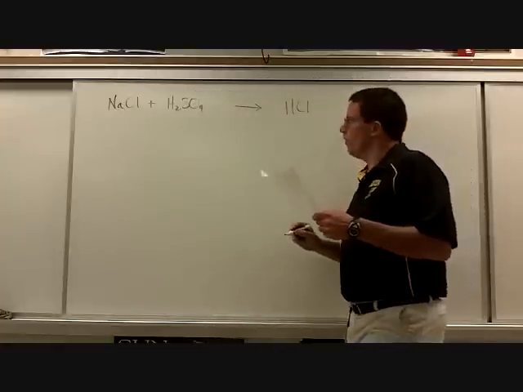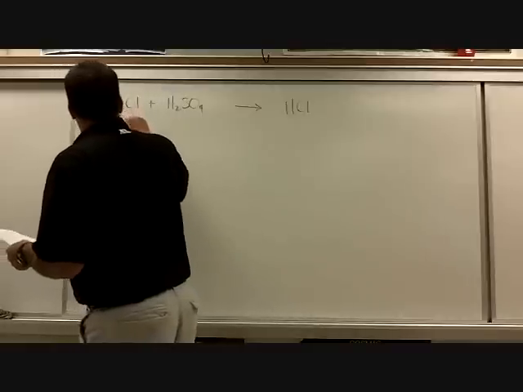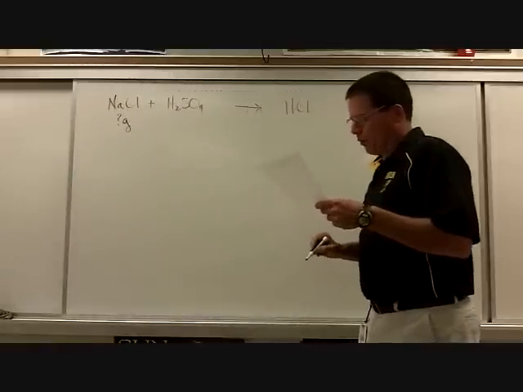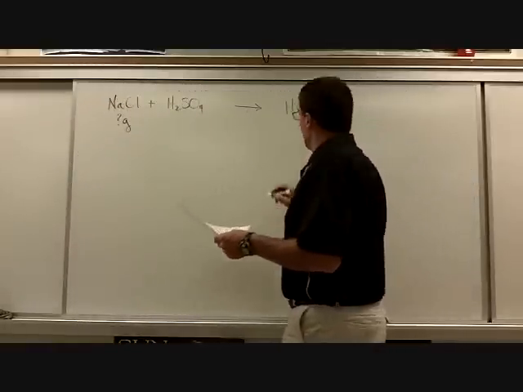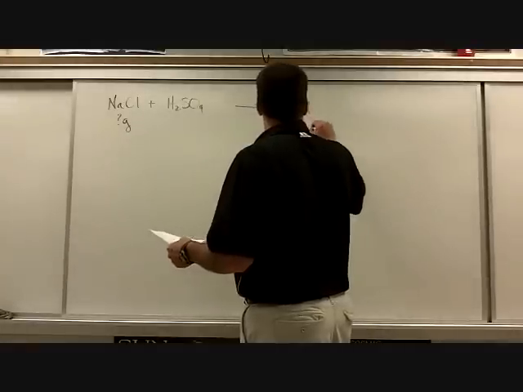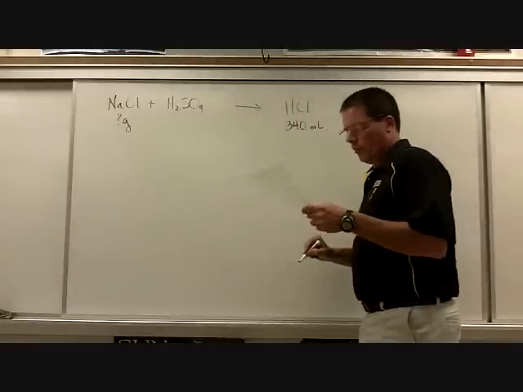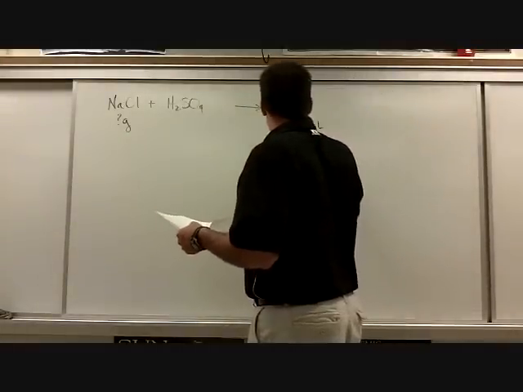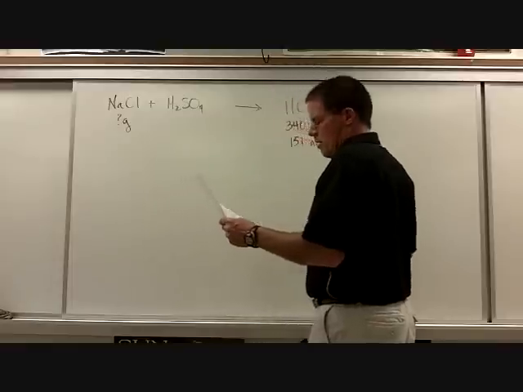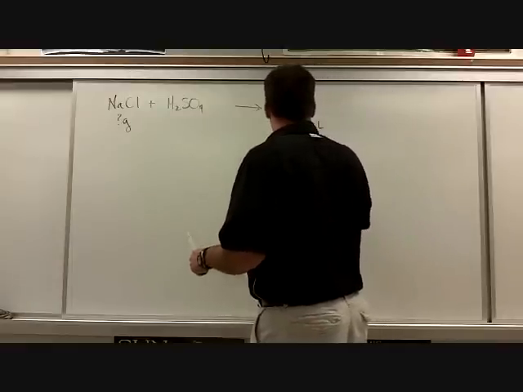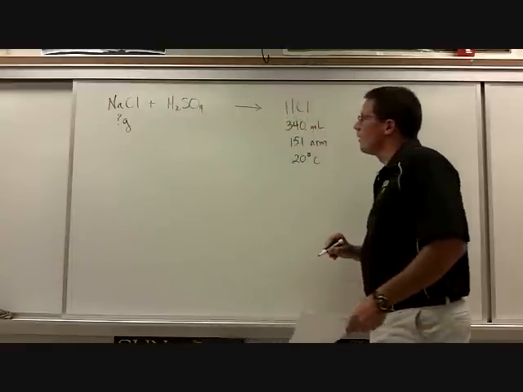What mass of sodium chloride is required to prepare enough hydrochloric acid to fill a 340 milliliter cylinder at a pressure of 151 atmospheres at a temperature of 20 degrees? Okay.